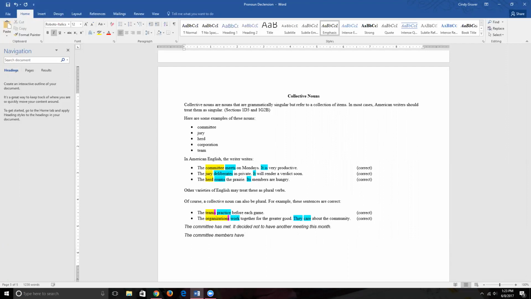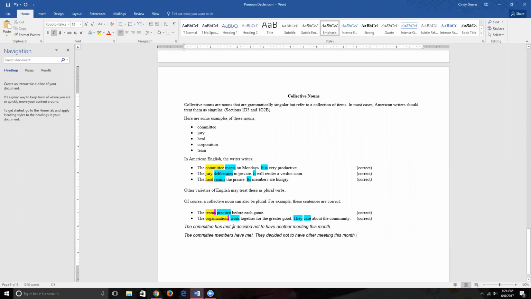Now we're going to say have, because now we have a plural antecedent. Have met, or a plural subject. They decided, because again, our antecedent is members, not to have another meeting this month.